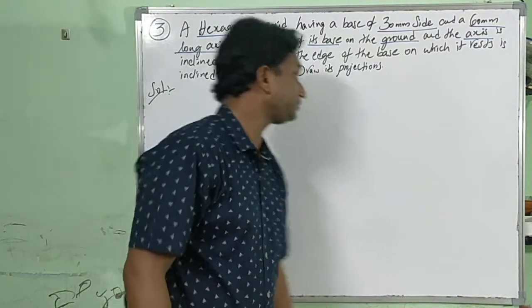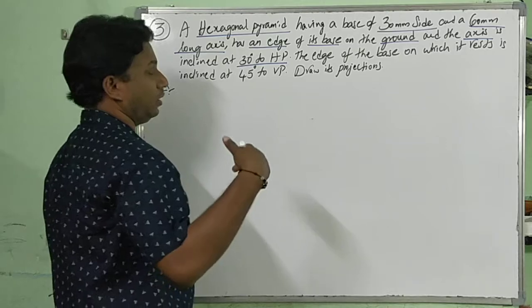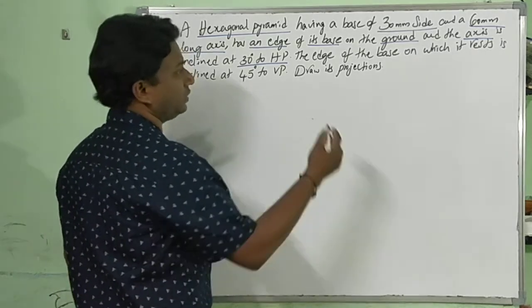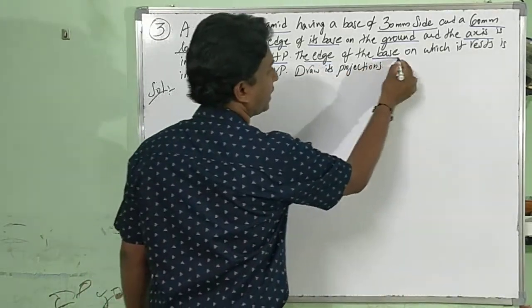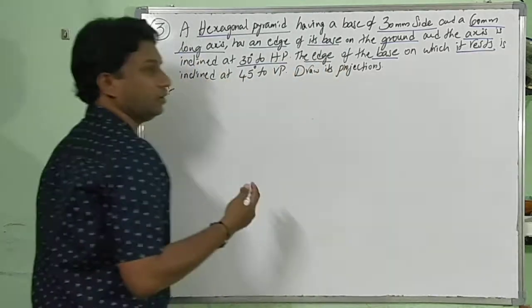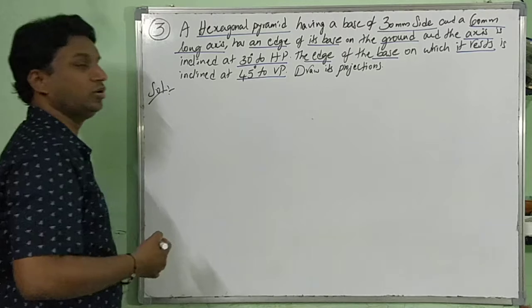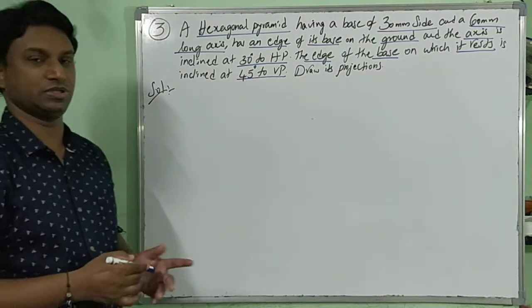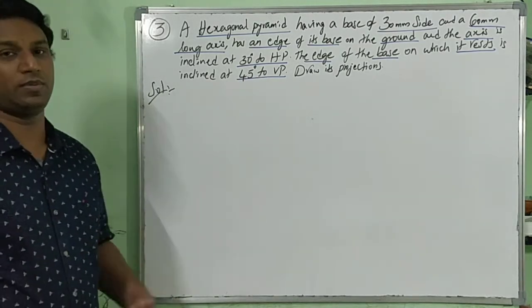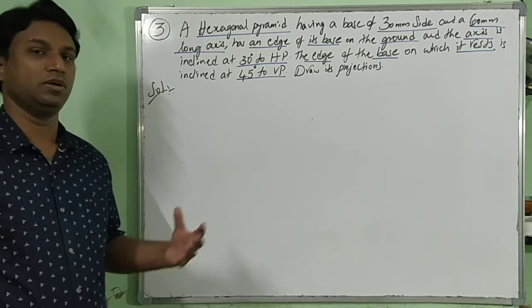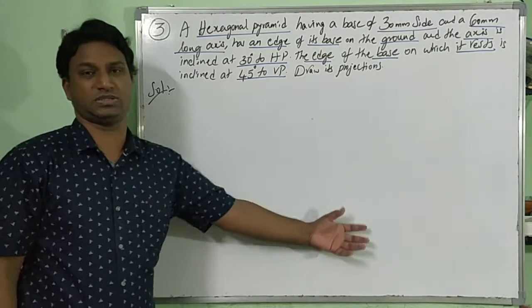What is the axis? When it is resting on the ground, its axis is inclined at 30 degrees to HP. At the same time, the edge of the base on which it rests is inclined at 45 degrees to VP. Draw its projections. Now this problem is supposed to be solved in 3 stages.